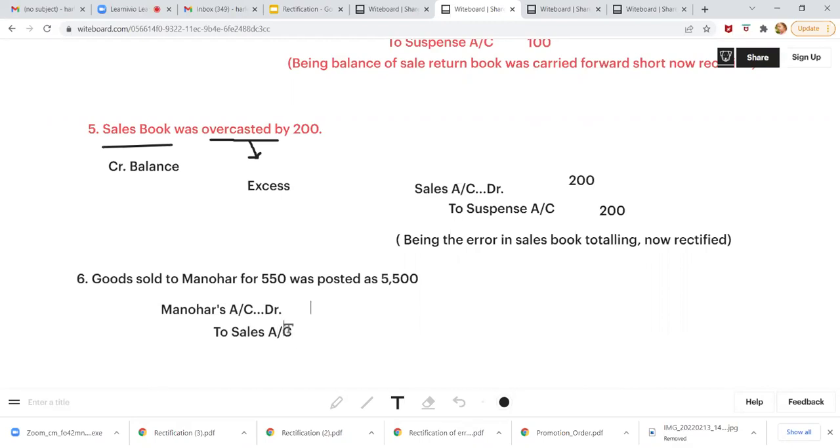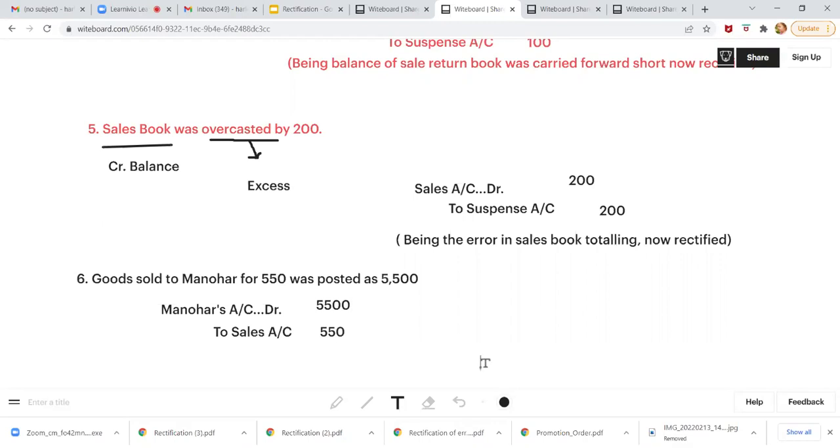So here what happens is that the amount on the credit side is 550, right? But what happened here is that on the Manohar side the amount was posted as 5,500.